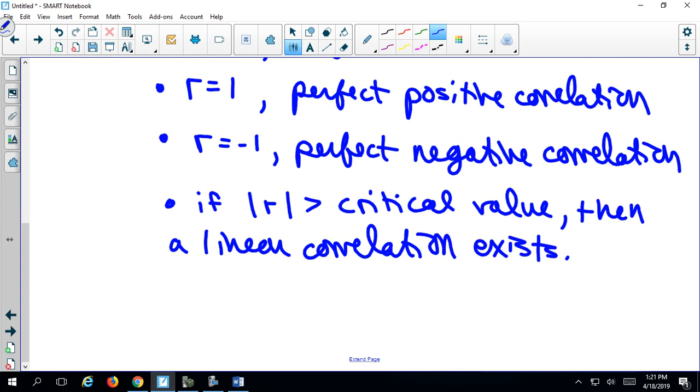So the critical value tells you how close to 1 it has to be, and you compare your R to that. If your R is better, then a linear correlation exists.